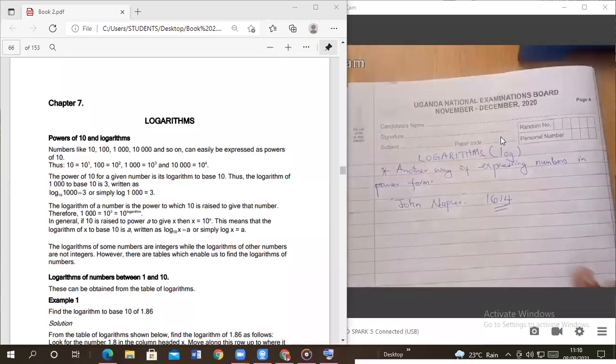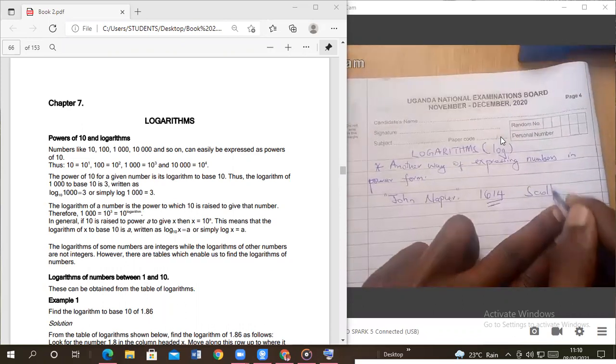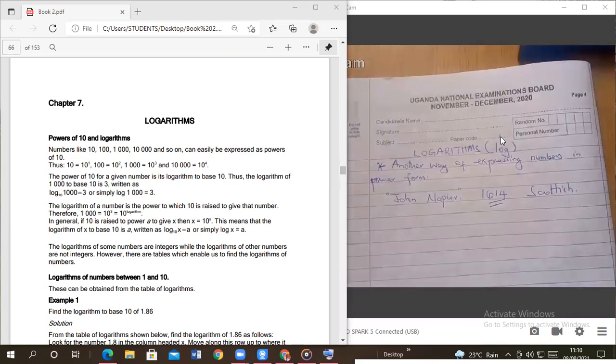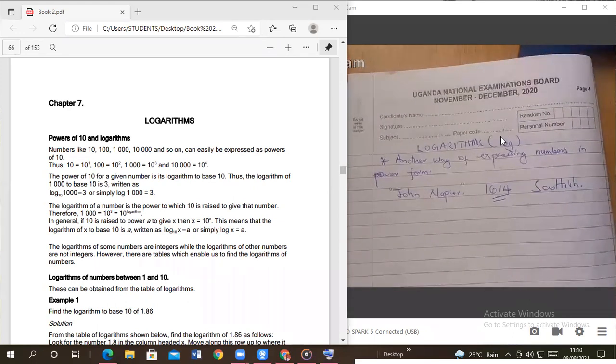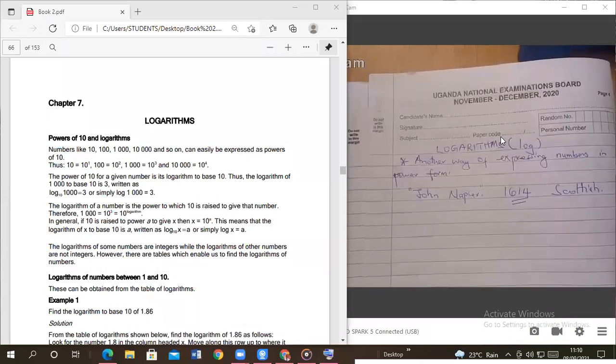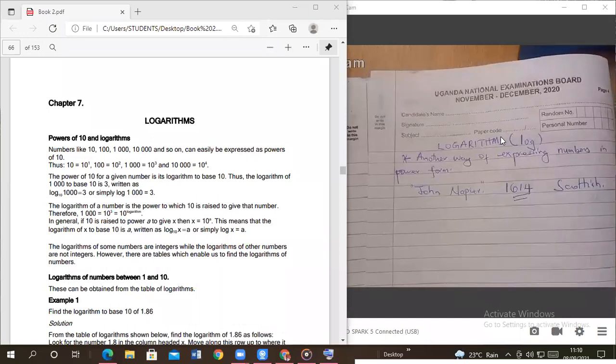The man is a Scottish, which means he is from Scotland. He came out with that concept because there were very many ways we can express numbers in power form.